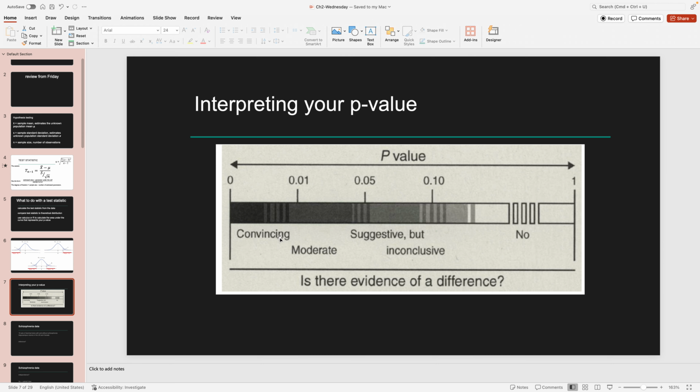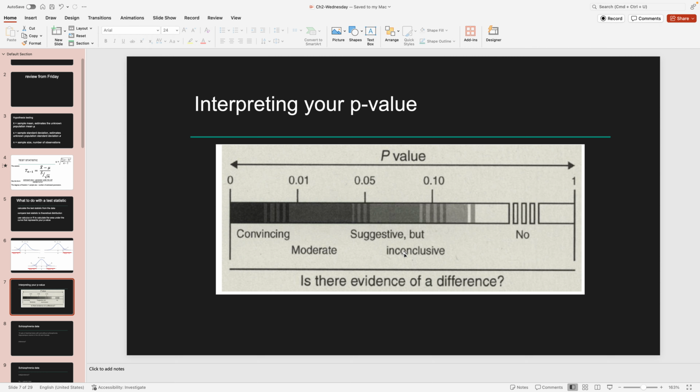And in your writing, while this vocabulary of convincing, moderate, suggestive, inconclusive is relative to each individual, I would like you to use some of this wording.